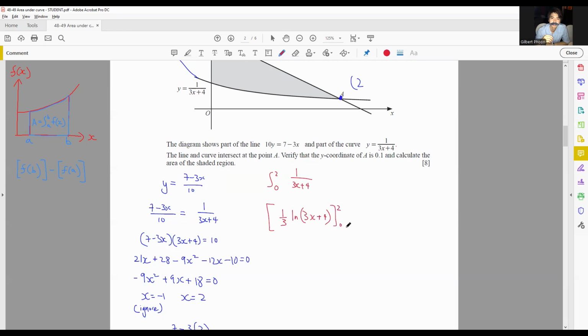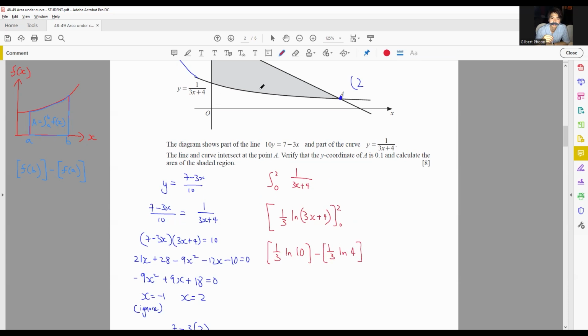Then it's in between 2 and 0. Now we can do the substitution. 1 over 3 ln 2 times 3, 6 plus 4, that's ln 10, minus 1 over 3 ln 0 times 3, 0 plus 4, that's ln 4, right?